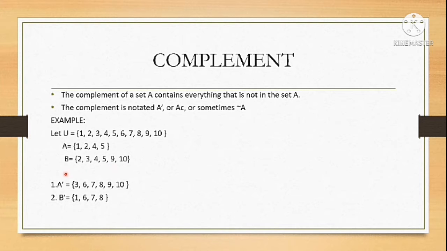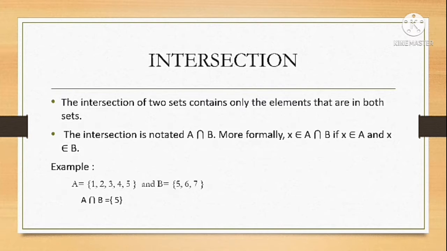Now, let's get the complement of A, which equals 3, 6, 7, 8, 9, and 10. The complement of B is the elements 1, 6, 7, and 8.